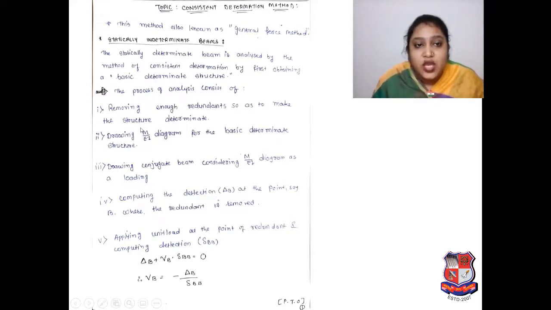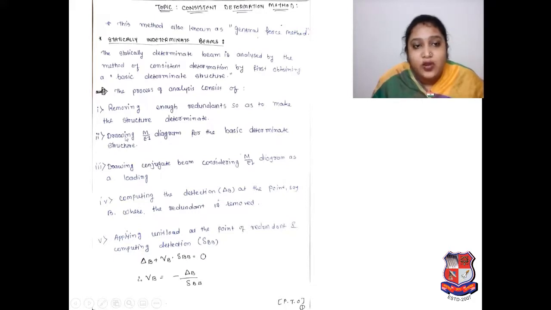Dear students, you have to keep all the steps in mind to solve your problem based on consistent deformation method, because by using all these steps we will solve the problems on consistent deformation method which were asked in GTU previous examinations. So the process of analysis consists of removing enough redundants so as to make the structure determinate.